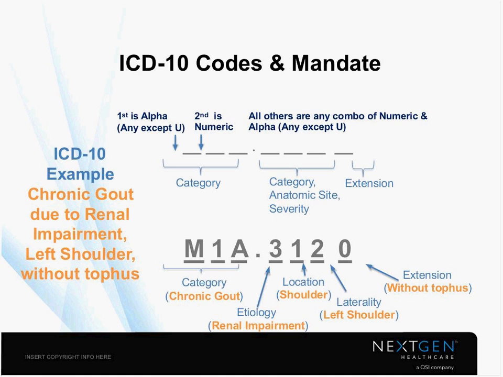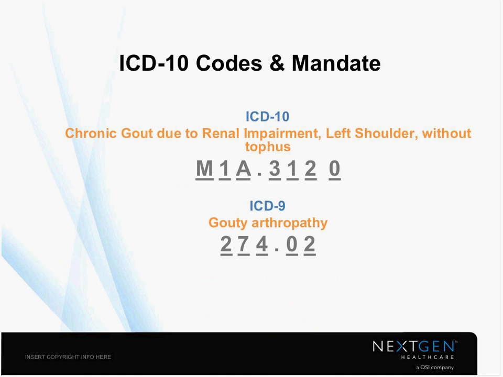It goes down to your location, your laterality. It really breaks the values down. As I mentioned previously, here's a comparison of an ICD-9 code to an ICD-10 code, or the equivalent, and how granular you can get with that particular code.